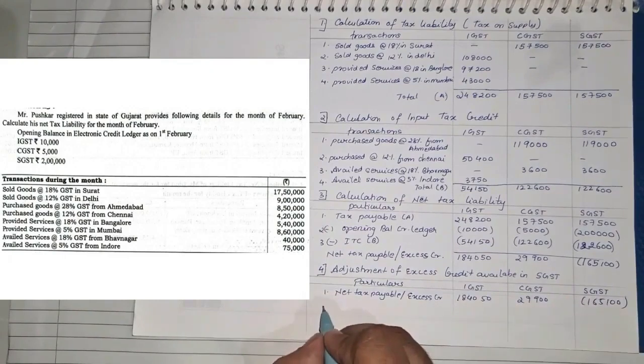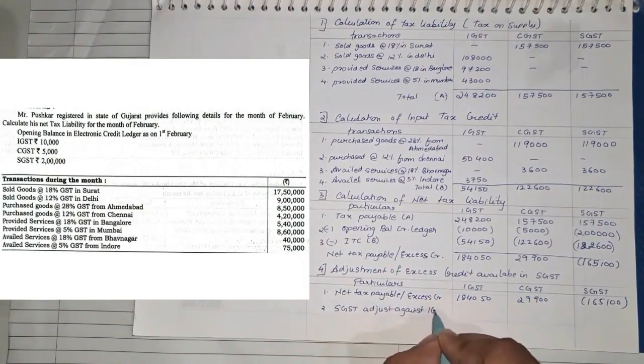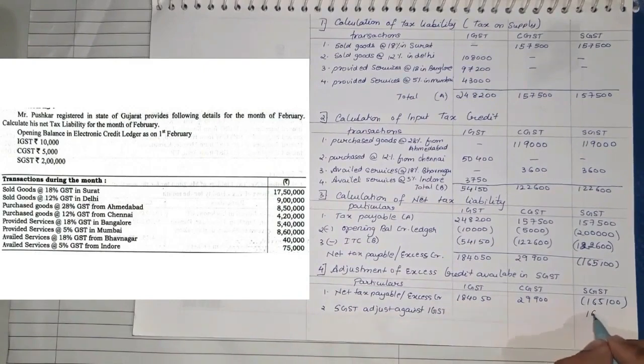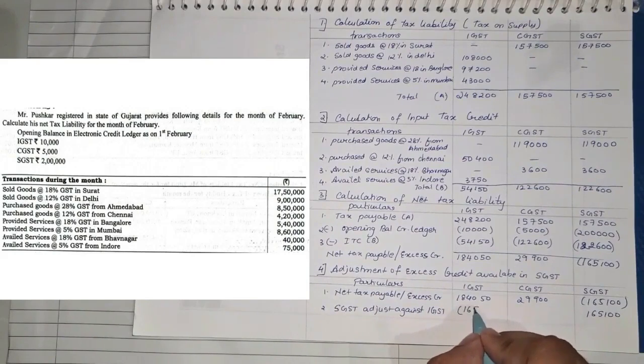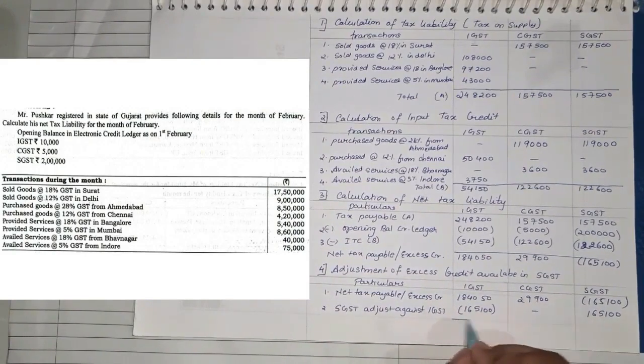Step number 2, now we are going to adjust this. So I'll write here SGST adjust against IGST. I'll put this as positive 65,100 and I'll put it here as 1,65,100 as negative. Because the value is less, IGST is still on the higher side, so I can use that entire amount. Nothing to do with CGST.